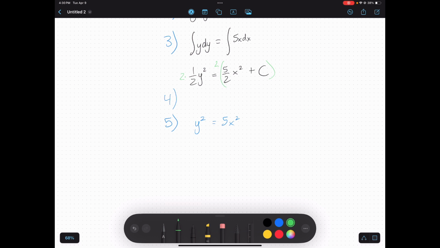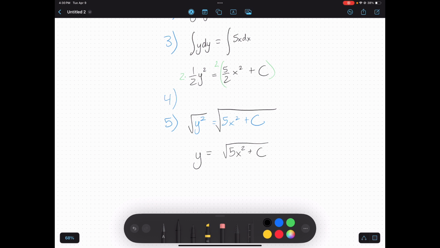But because I didn't have an initial value and this plus c can represent any constant, I don't have to worry about performing these operations on my constant. So I can just leave it as a plus c. What's my last step? I'm going to square root everything. So I get y is equal to the square root of 5x squared plus c.